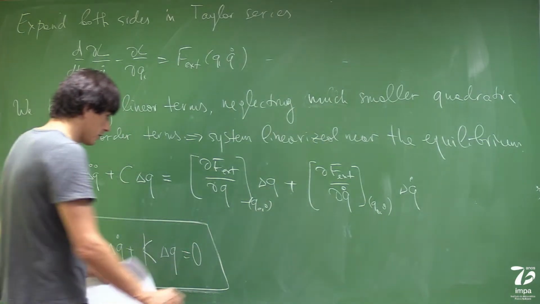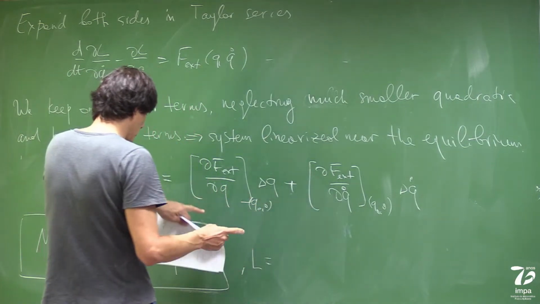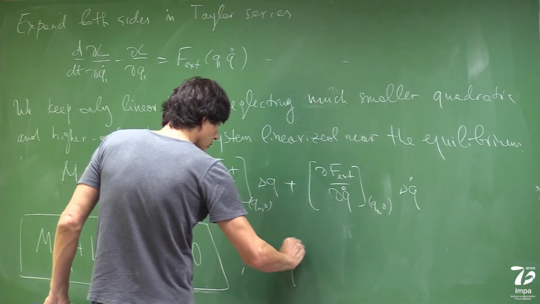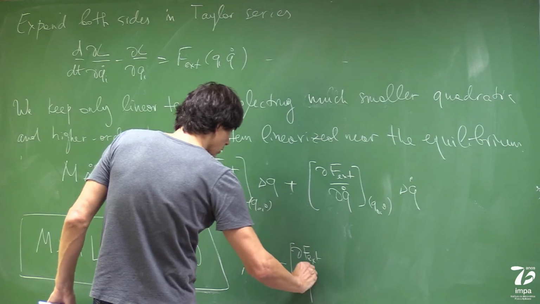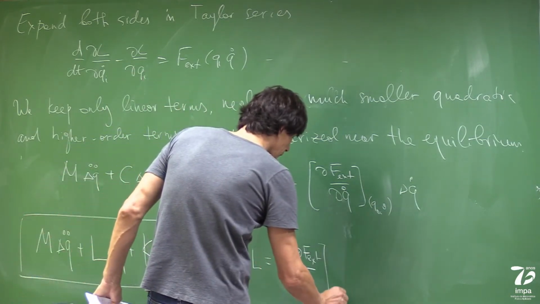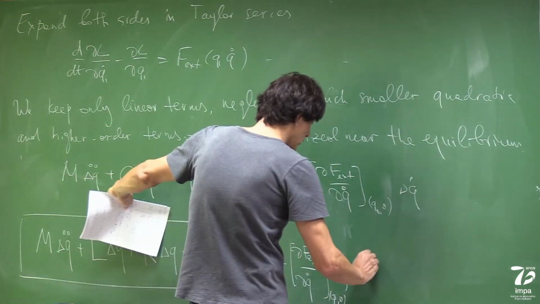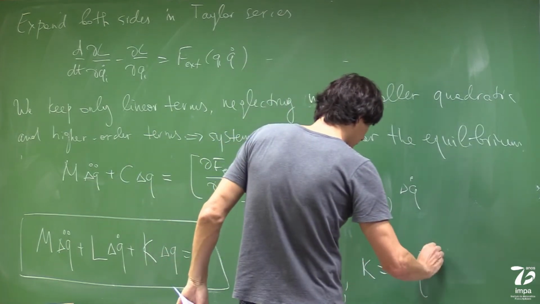Where I defined L as minus this, and I called K as C minus the other Jacobian.